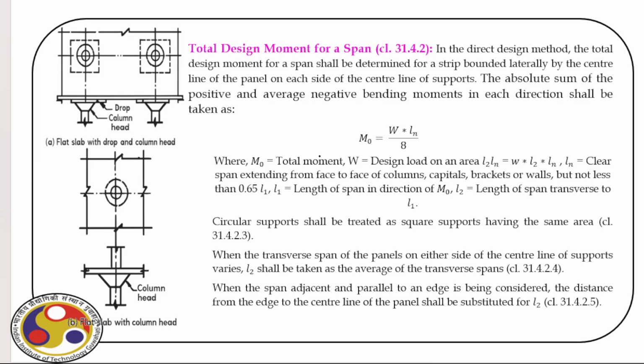Now comes the total design moment for a span, which is given in 31.4.2. In the direct design method, the total design moment for a span shall be determined for a strip bounded laterally by the center line of the panel on each side of the center line of supports.